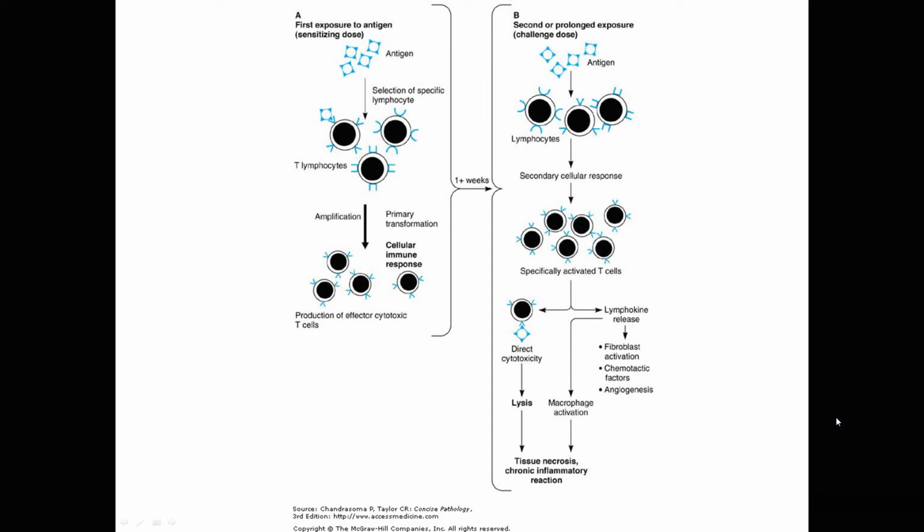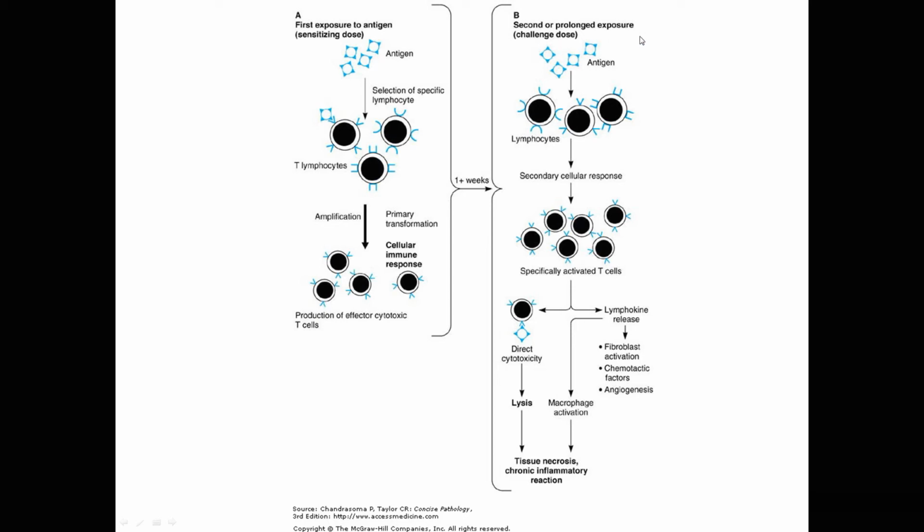It is initiated by specifically sensitized lymphocytes. Antibodies do not play the major role here. This is the first exposure, the selection of a specific lymphocyte clone, the amplification, and the production of effector cytotoxic cells.